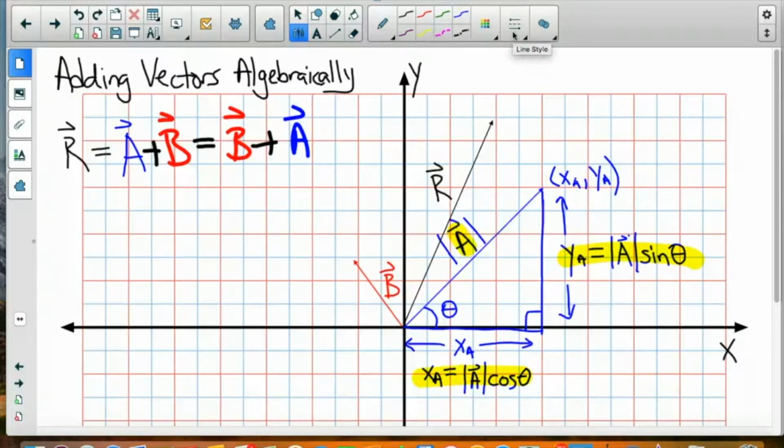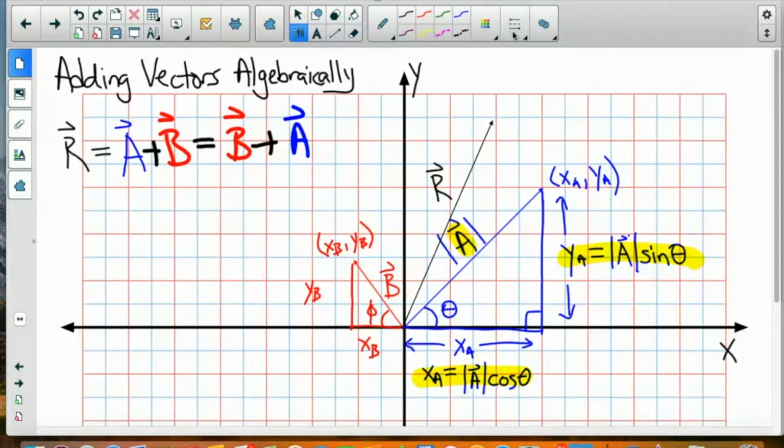So I can find what this length is here. If this point is xb, yb, then this length here is yb, and this length here is xb. We'll call this angle phi, just so we don't confuse it with theta.